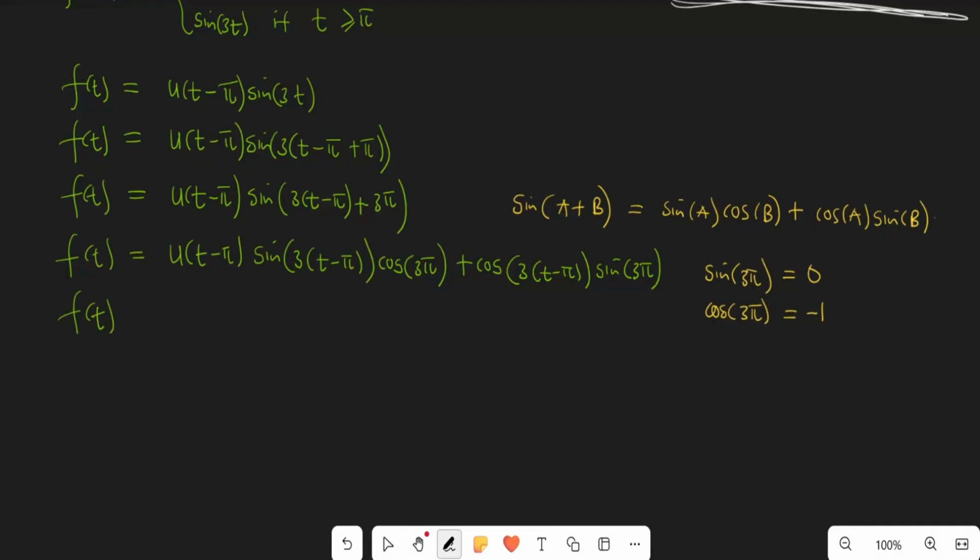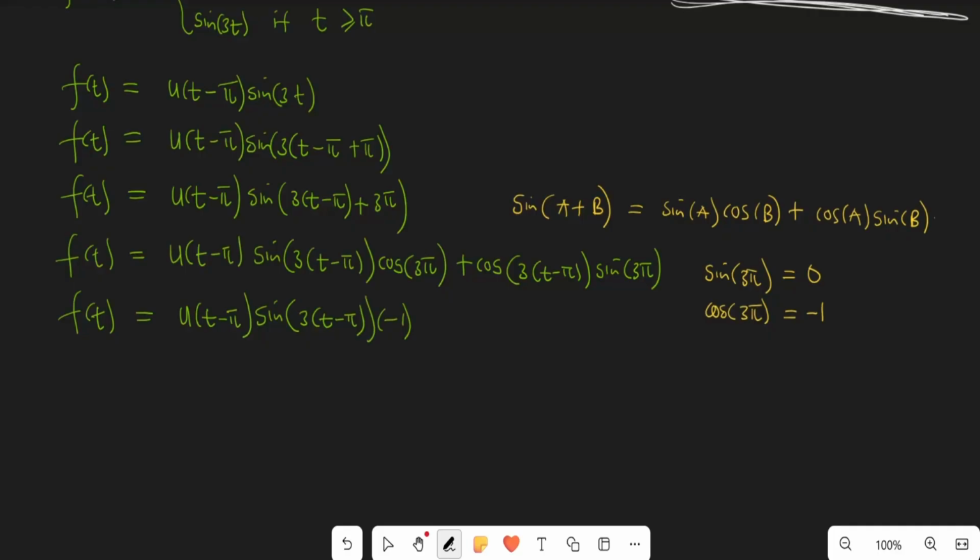So our function f of t here is going to be u of t minus pi, multiplied by sine of 3 times (t minus pi). But cosine of 3 pi is -1, so that is going to be multiplied by -1.